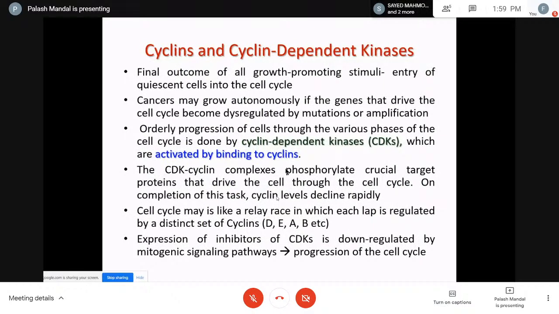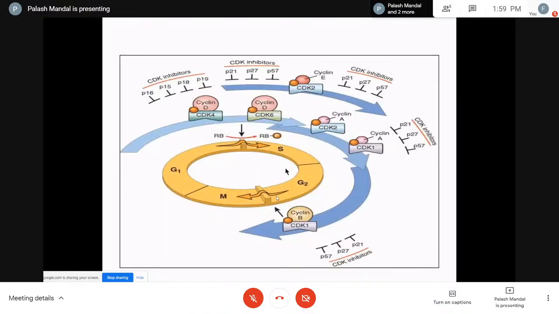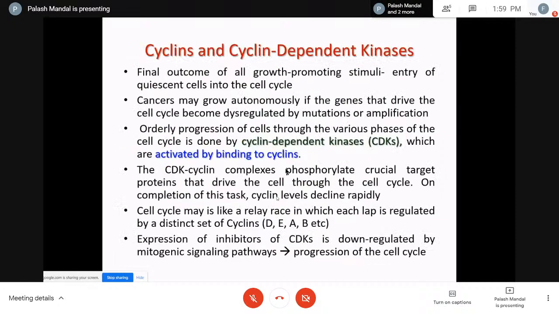Just to recapitulate, you have to understand that the cyclin dependent kinases are activated by binding to cyclins and inactivated by cyclin dependent kinase inhibitors. So there are inhibitors and there are promoters. Cyclins are the promoters and CDKIs are the inhibitors. This is the normal cell cycle.